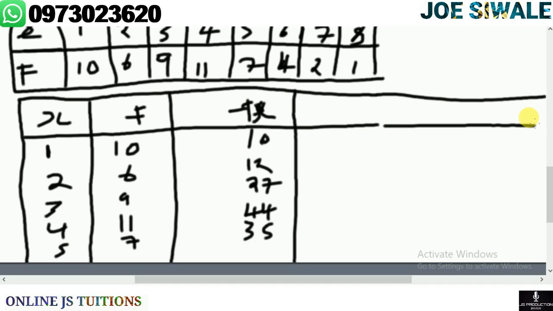So I don't have space that side, so I'll continue here. So I'll say my x, my f, and my f of x.